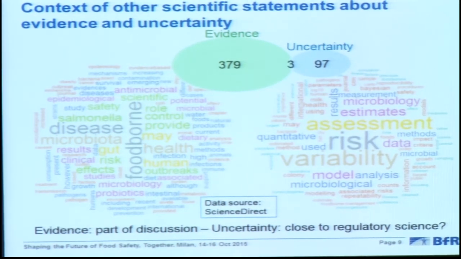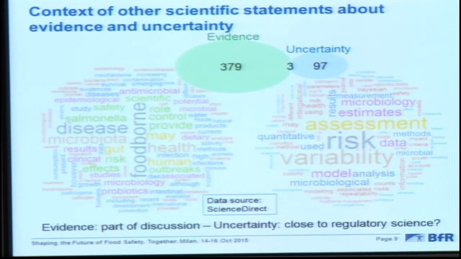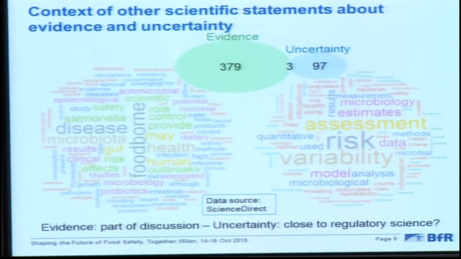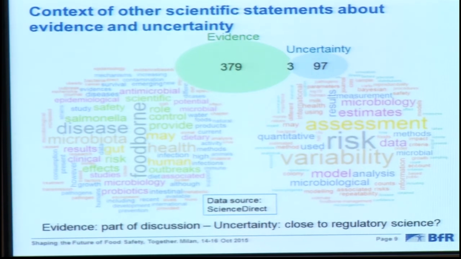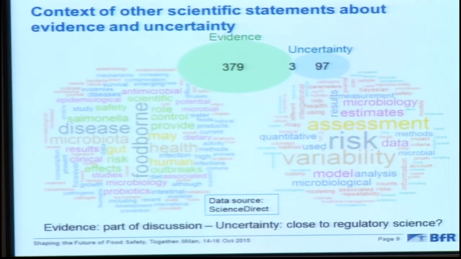There are very few terms that are necessary to describe really a conclusion. In a conclusion, you would have a statement about a population, you would have a statement about the endpoint. Here you see lots of terms which seem to indicate that evidence is more discussed in relation to very specific research topics.